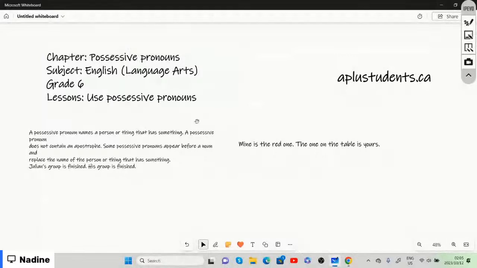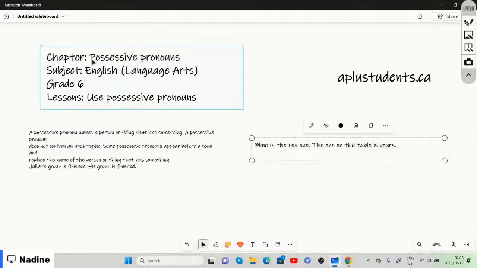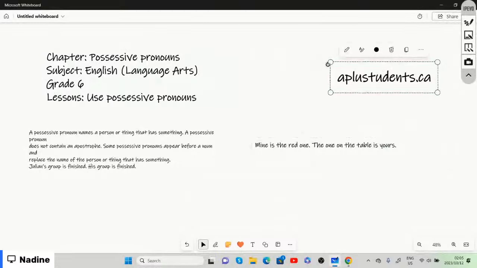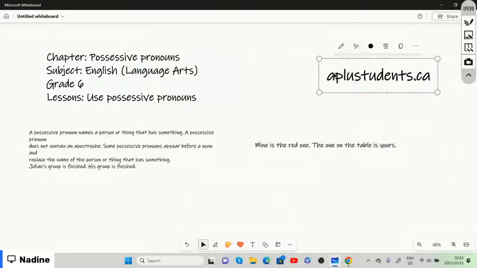So that is going to be our chapter, subject, grade, and lesson for today. And we are doing our tutorial lessons on aplusstudents.ca, which means that if you need to recap and go over the work, you can just go to aplusstudents.ca. The chapter, subject, grade, and lessons are already provided for you.